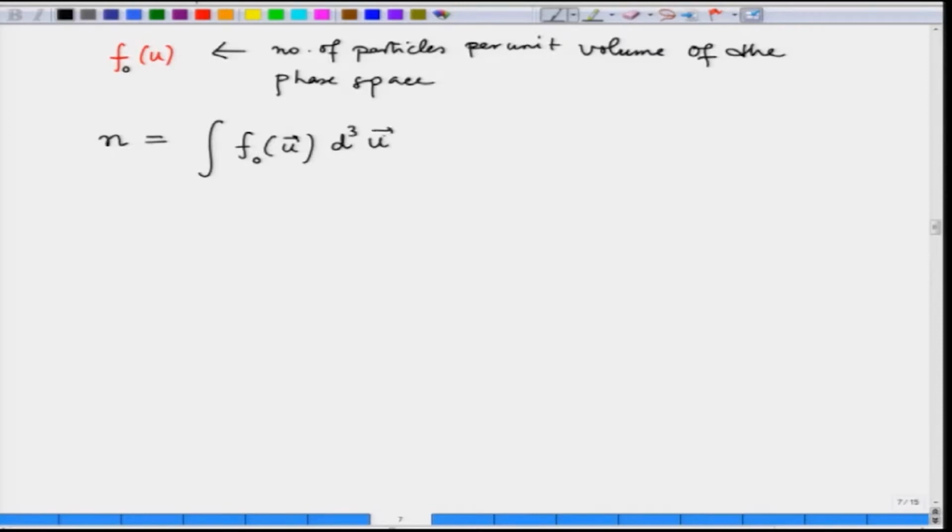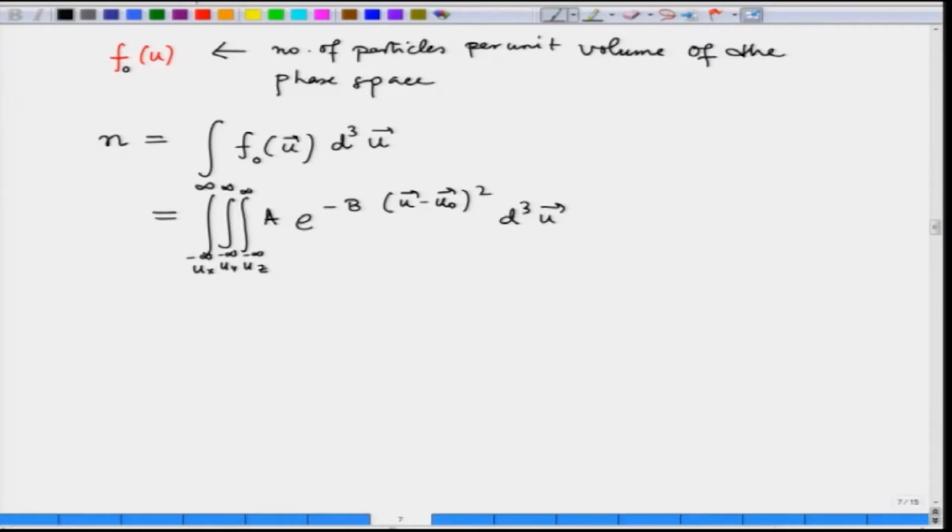Now we have found that f0 should have this form: a e to the power minus b (u minus u0) whole square, d cube u. This is a triple integral, and for all the components of u, I can explicitly write ux, uy and uz, with the same limits minus infinity to plus infinity.